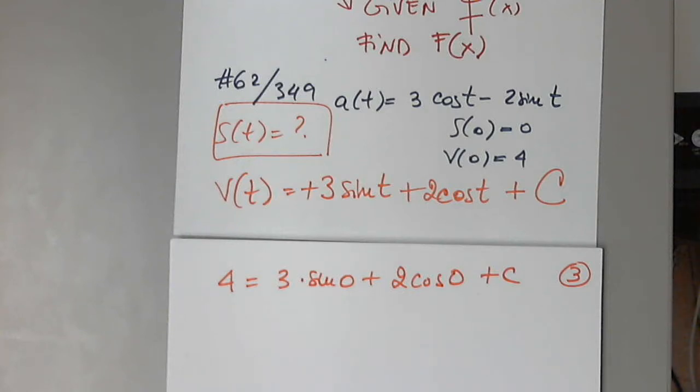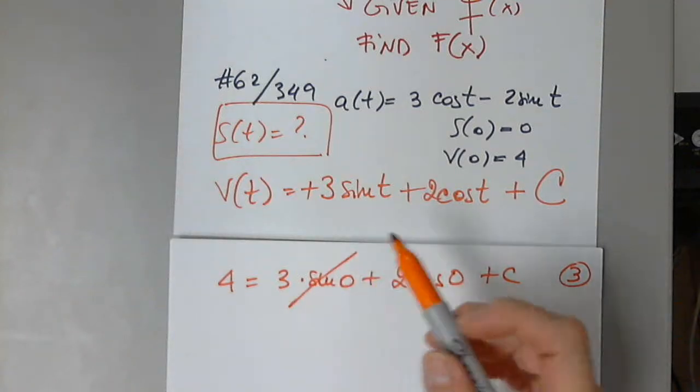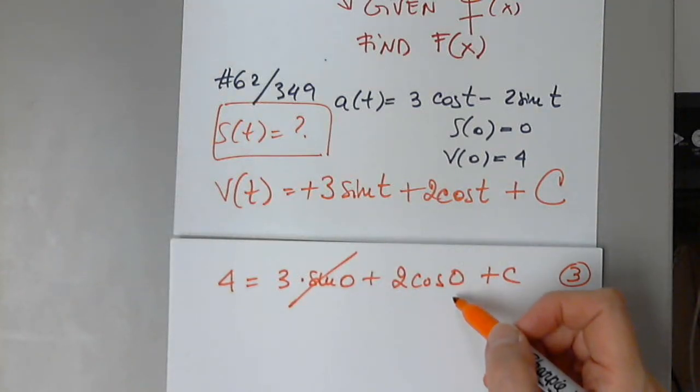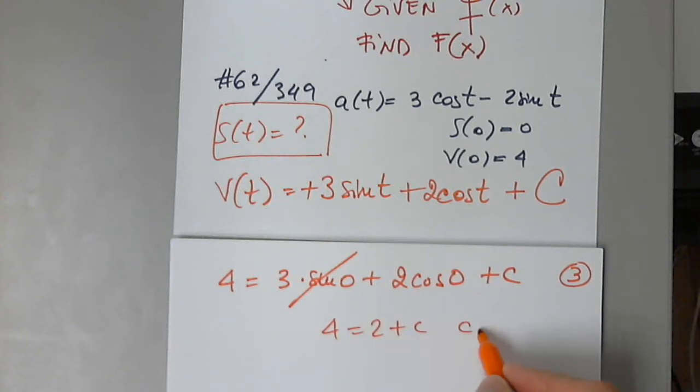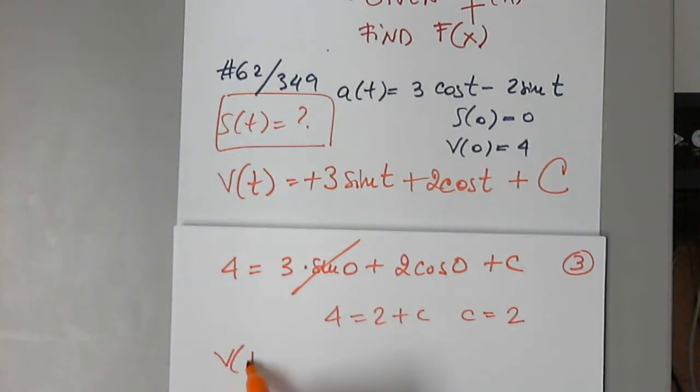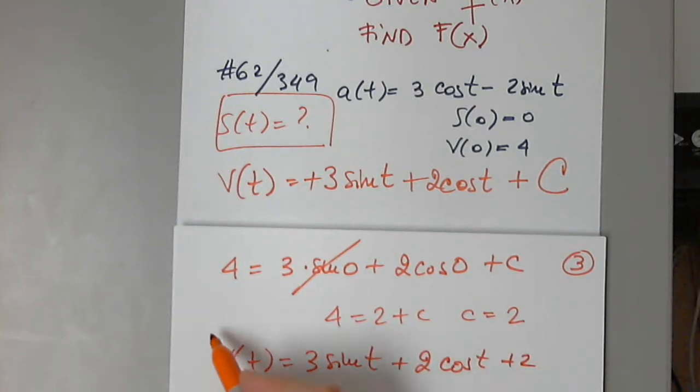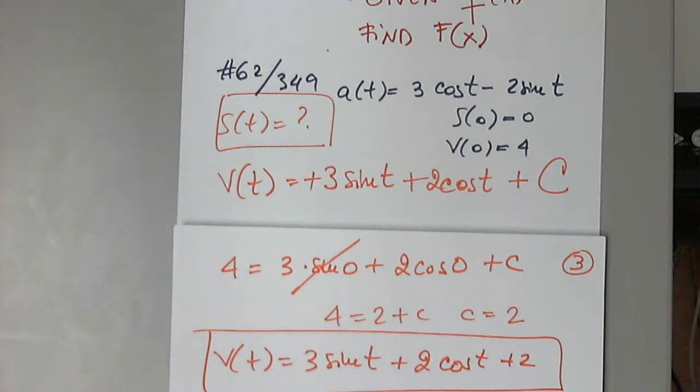How much is sine 0? Perfect. How much is cosine 0? Yes, 1 times 2. So 4 equals 2 plus c, so then c must equal 2. Now we determined the unique velocity, 3 sine t plus 2 cosine t plus 2. This is the unique function. There is no other function that fits the given information.